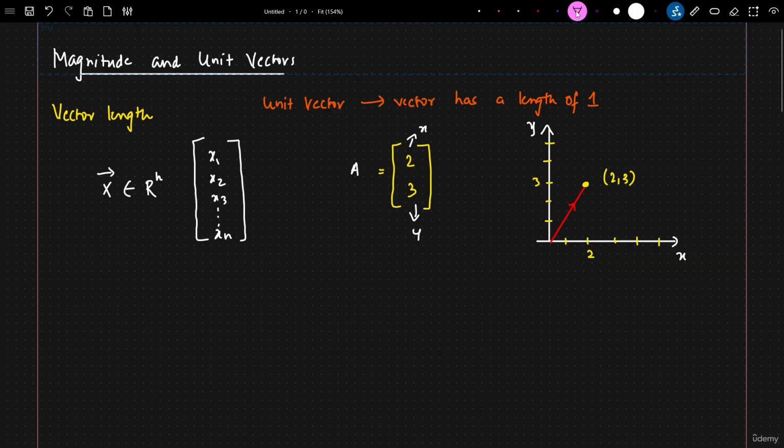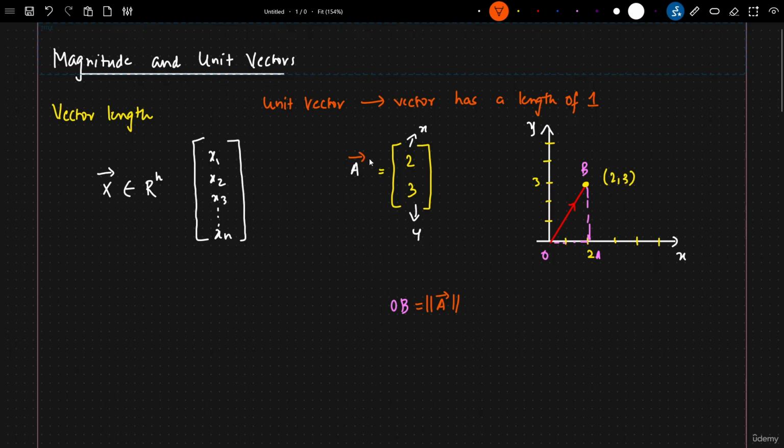In order to compute this, we basically use the simple Pythagoras theorem, right? Over here in the x-axis, you have this, right? Now, according to the Pythagoras theorem, let's consider this as O, A, and B. Here we need to calculate OB, okay? This OB is also the magnitude of vector A, which is given in this direction.